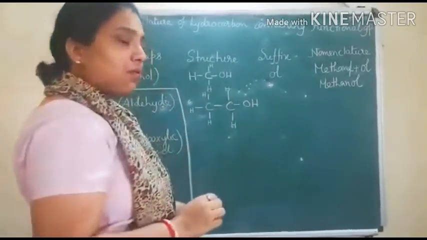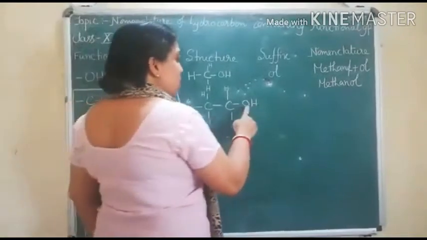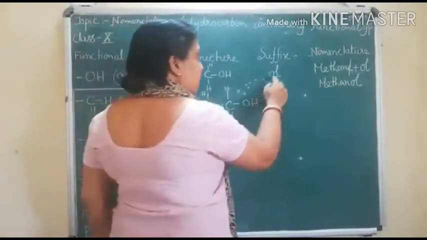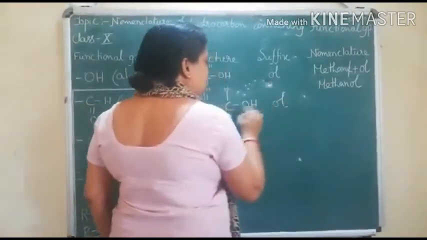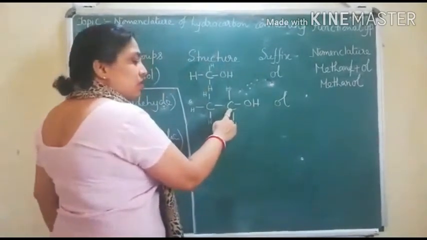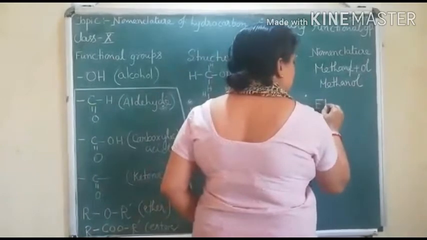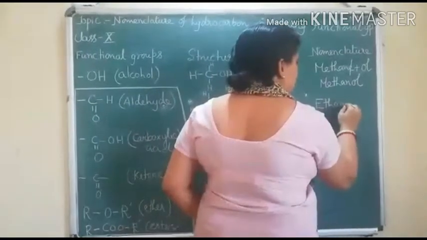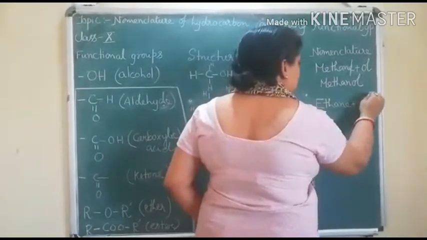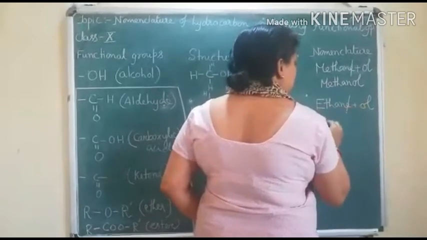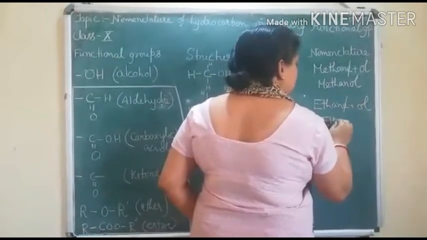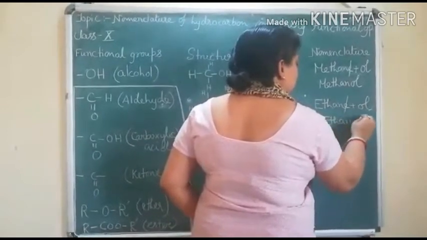So there are 5 hydrogens. The same way, the suffix will be -ol. If it is 2 carbons, what will be the name? It is eth, means ethane. Ethane, A-N-E, plus ol, same method, E will be omitted. So the name will be ethanol.